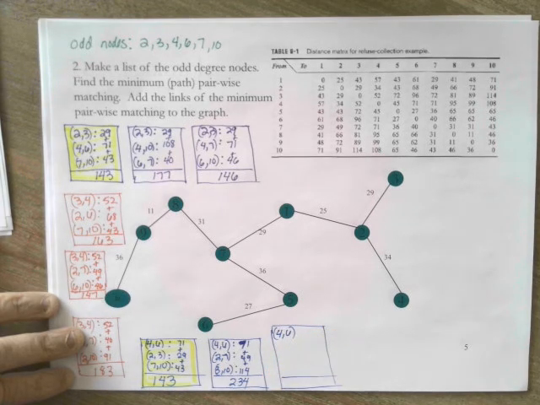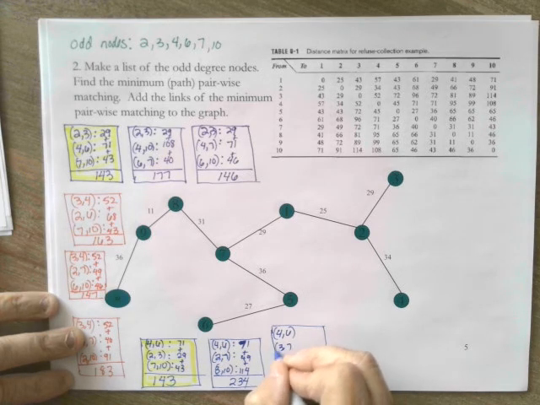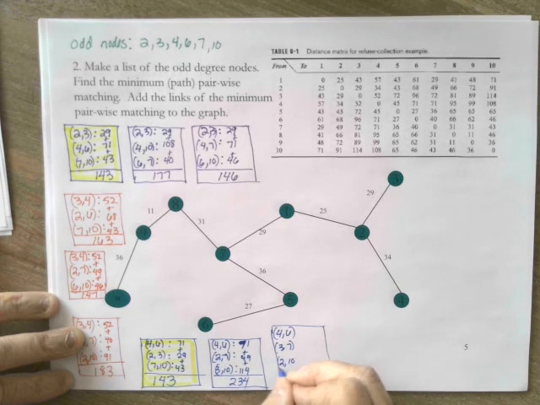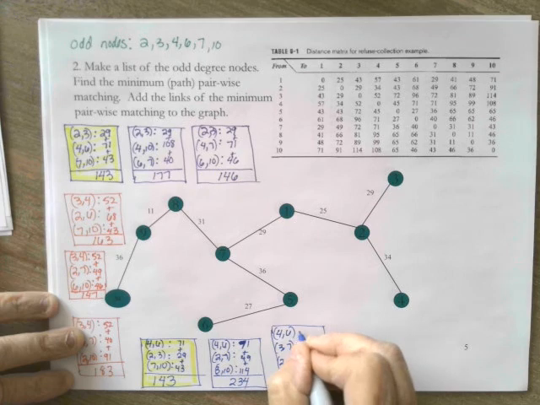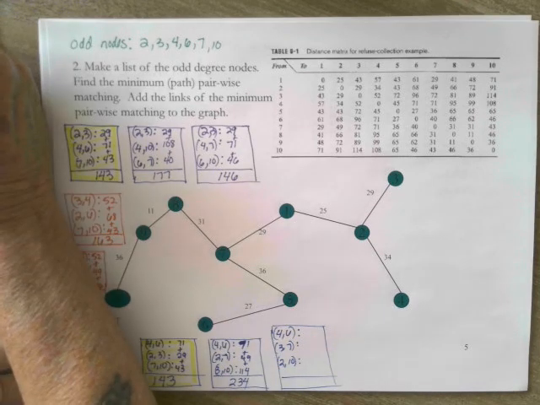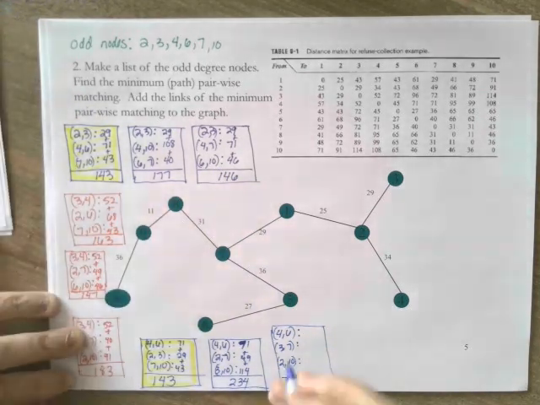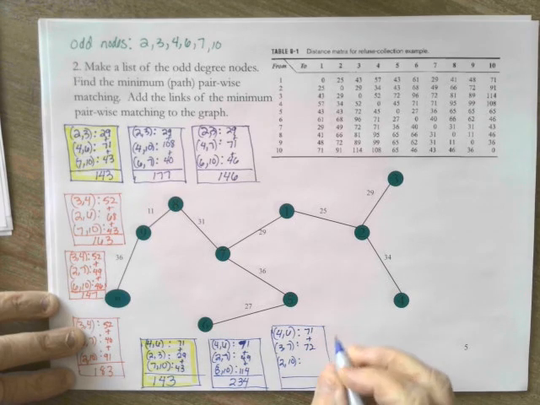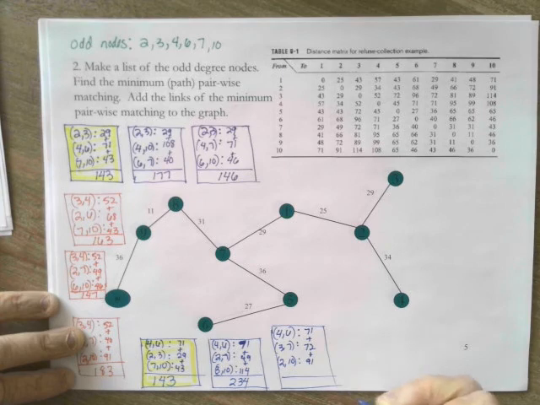You'll get the hang of this after you do a few of them. We would have 4, 6, and then we have 3 and 7, and then 2 and 10. So that will be 71 plus 72 plus 91, and that total will be, oh, it works out to be the same, 234 right there.